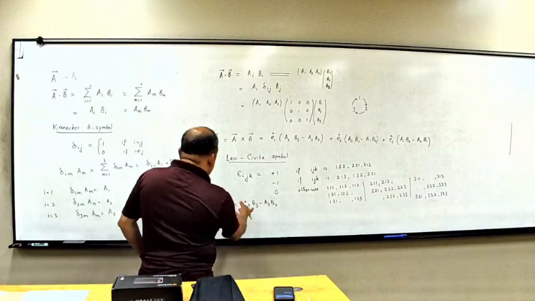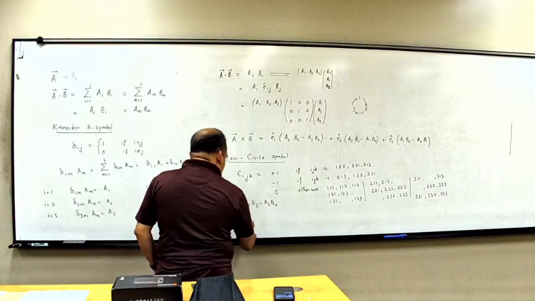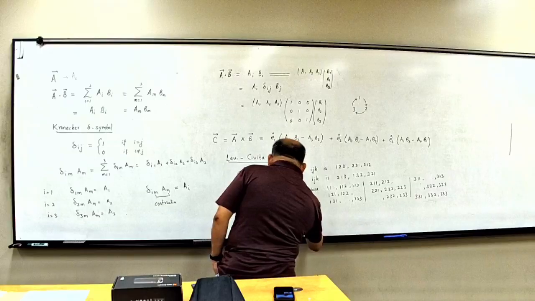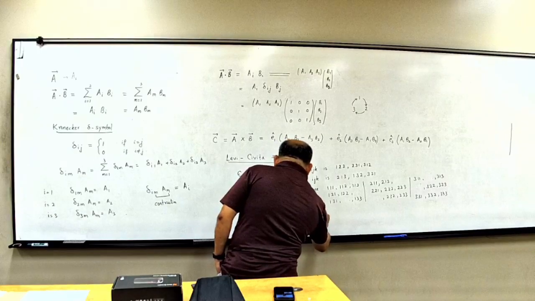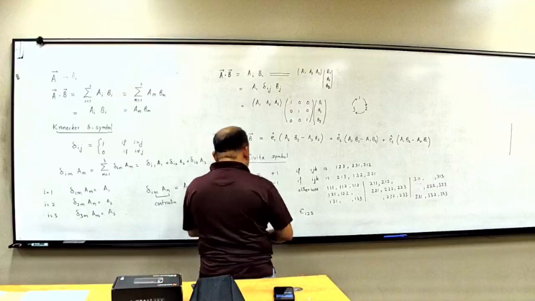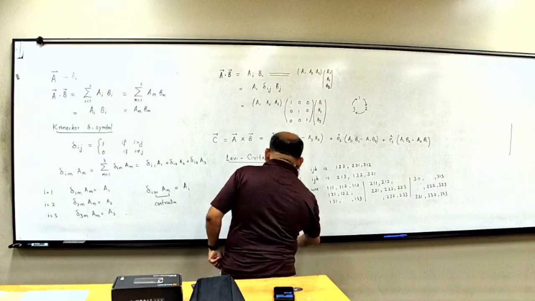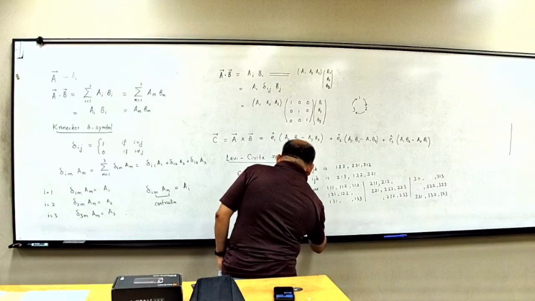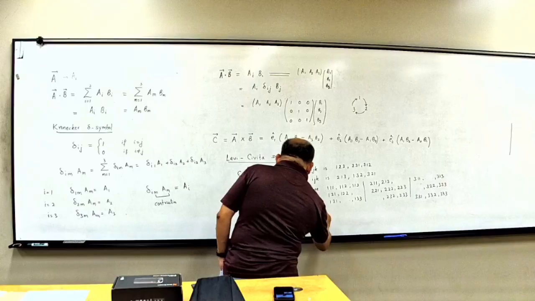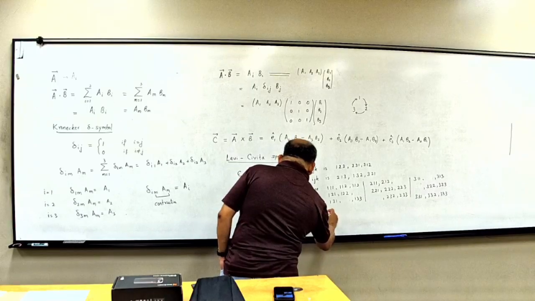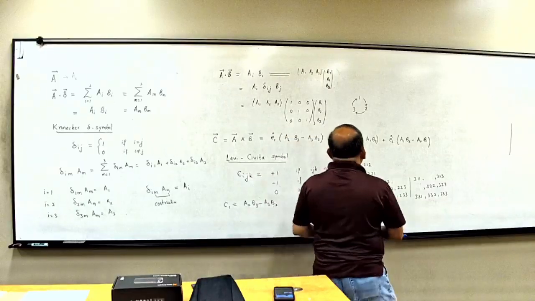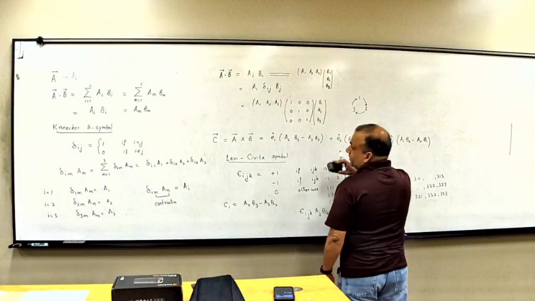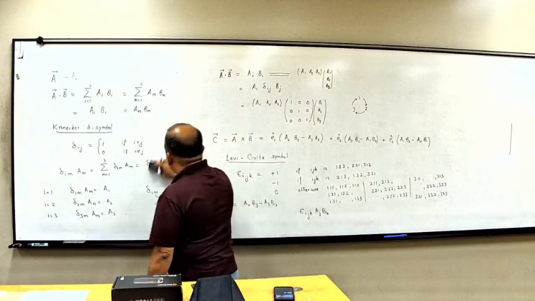I propose that this is actually equal to epsilon 1jk Aj Bk. This is index rotation now. Now it's good to practice it there. So let's use this.